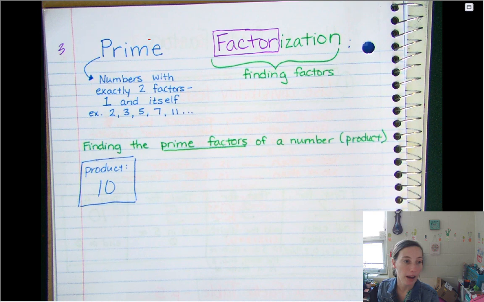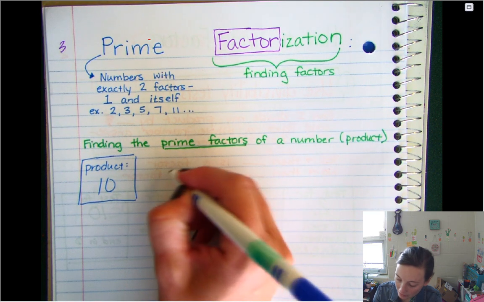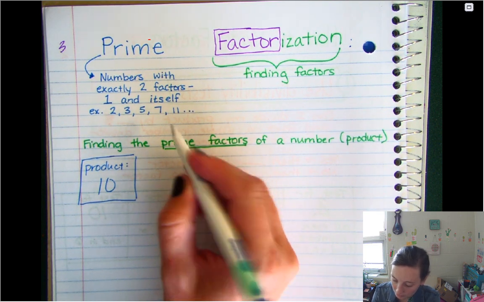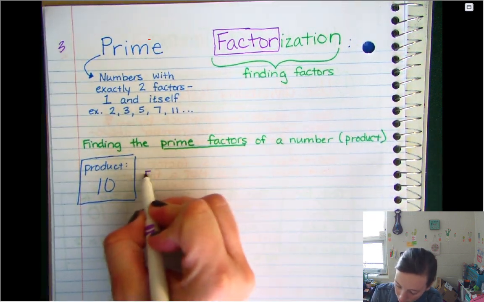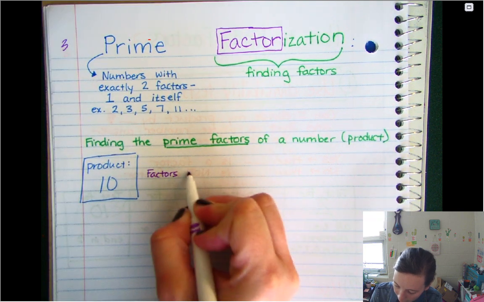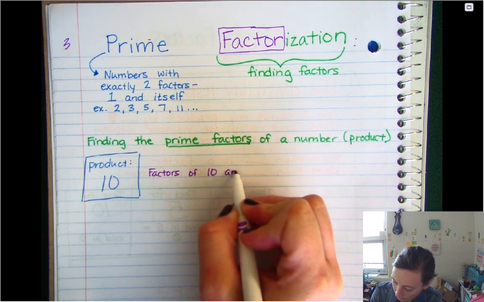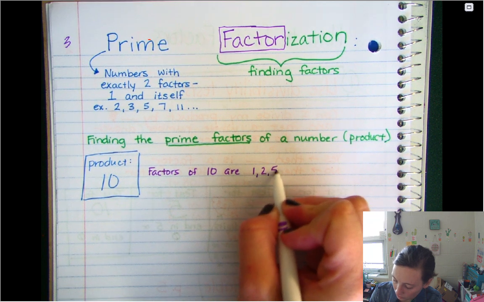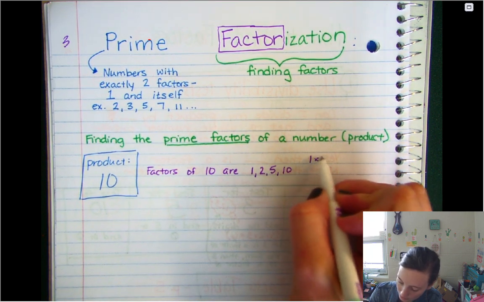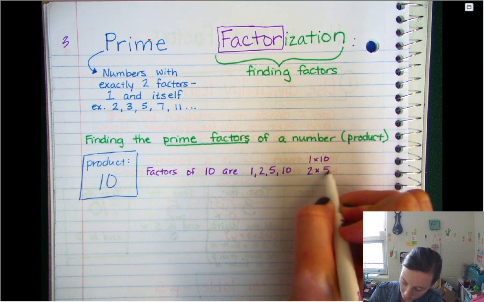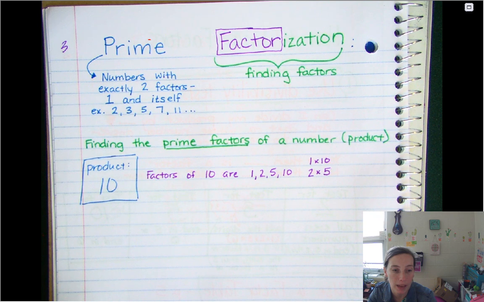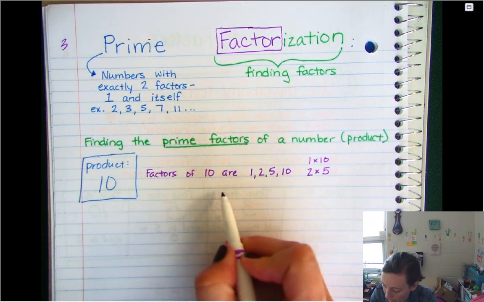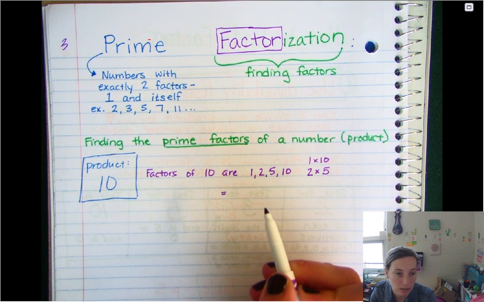Okay, we know that the factors of 10 are 1, 2, 5, 10, right? Because we have 1 times 10 and 2 times 5. What we want to get down to is making a problem that equals 10 that uses only prime numbers.